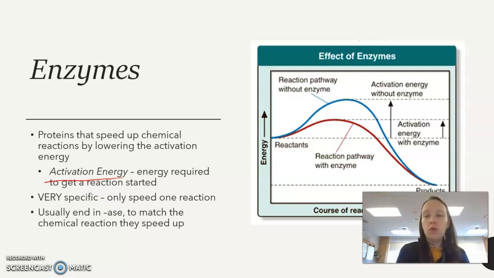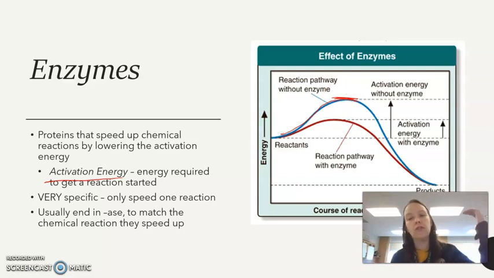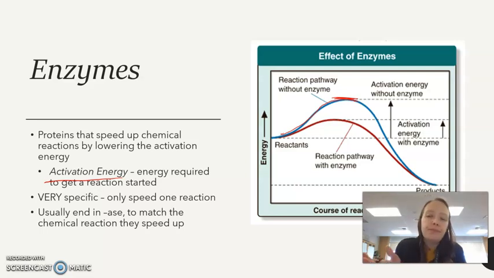So if you're looking at this chart over here on the side, this blue represents the activation energy without an enzyme. That's how hard it would be. That's how much energy you'd have to put into a reaction in order to actually get it to go. So say we're making, I don't know, maltose. If you want to make maltose, it takes this much energy for that to happen.